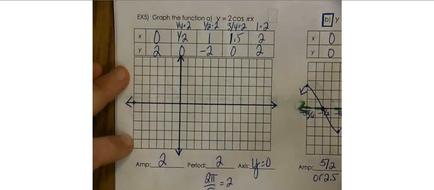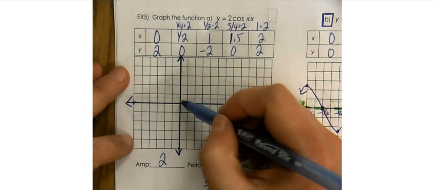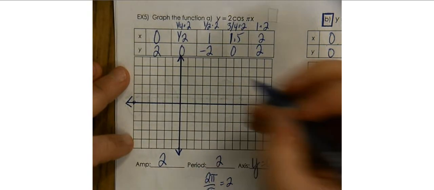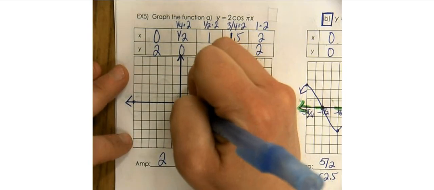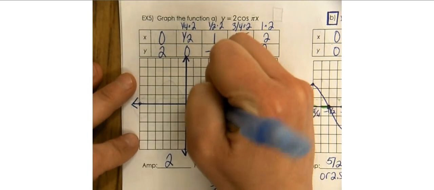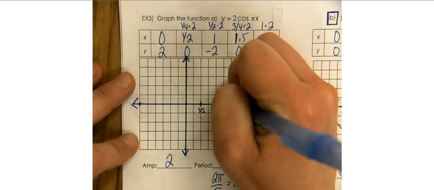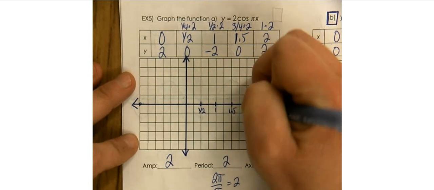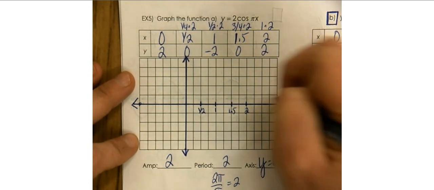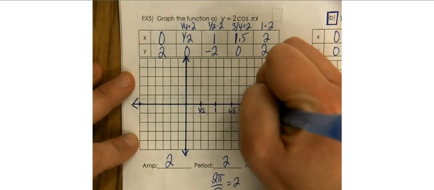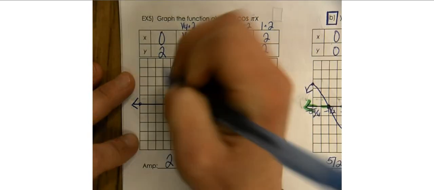I'm going to use a different scale this time. Instead of making each line go by 1/2, I think I'll skip a line and make it 1/2, because as long as you're consistent, you can do whatever you want. So this is going to be 1/2. I'm going to skip a line. This is going to be 1. Skipping a line, this is going to be 1.5. Skipping a line, this is going to be 2. Then this is going to be 2.5, and then 3.